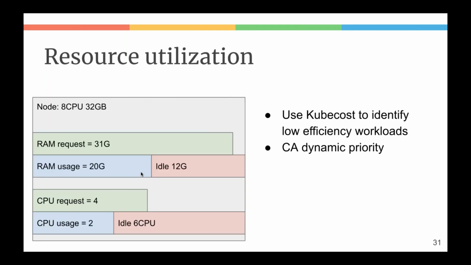So for the last one, the resource utilization. Here is an example of a node. Let's say here is the request, and here is the actual usage. You can see almost half of the memory is not used, even though they request so much.